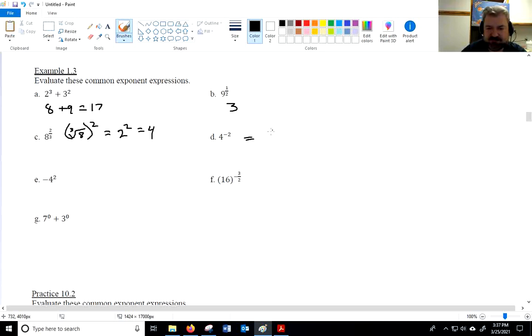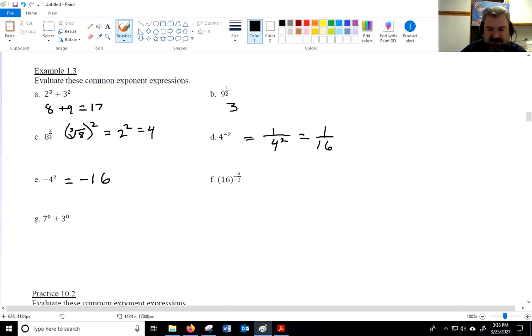4 to the negative 2 is 1 over 4 squared, which is 1 over 16. Negative 4 squared. Now, the negative in front of the 4 does not get the power, so it's just a negative and then 16. Because the negative's not in parentheses, the exponent goes just to the number.